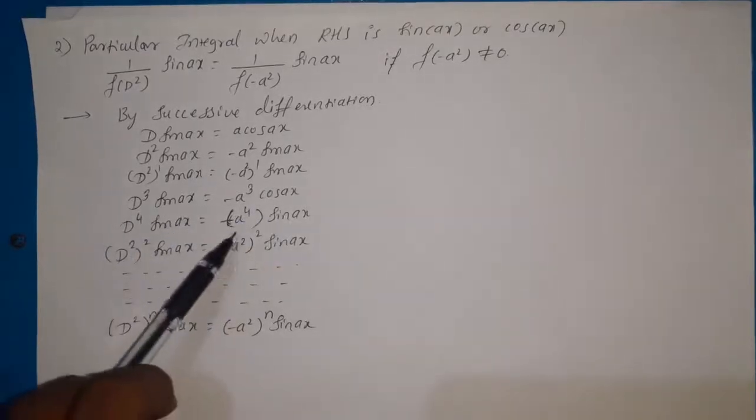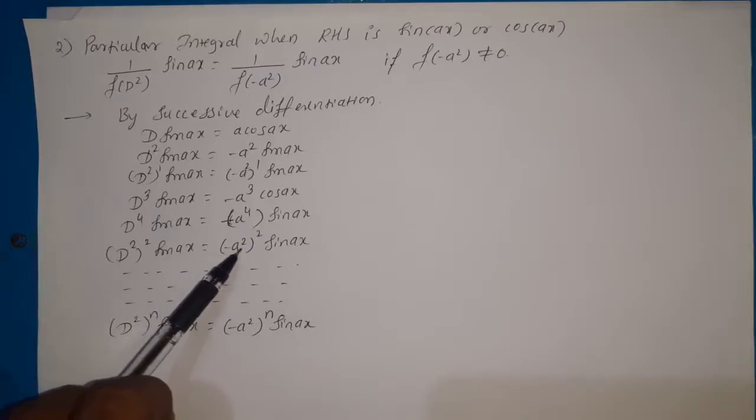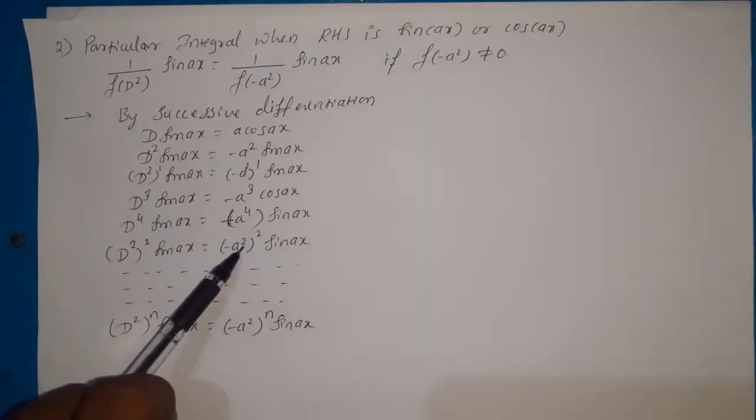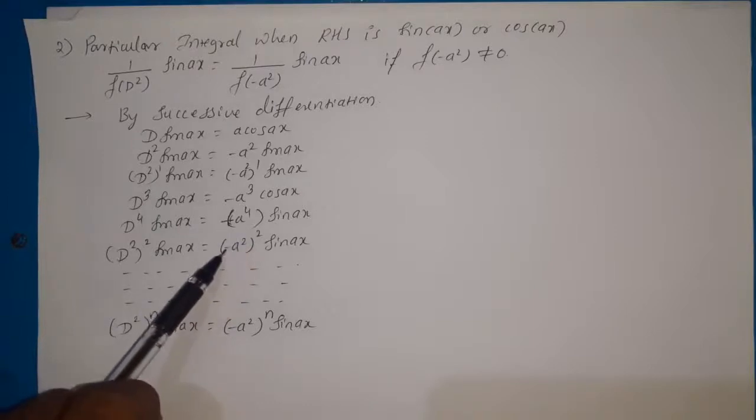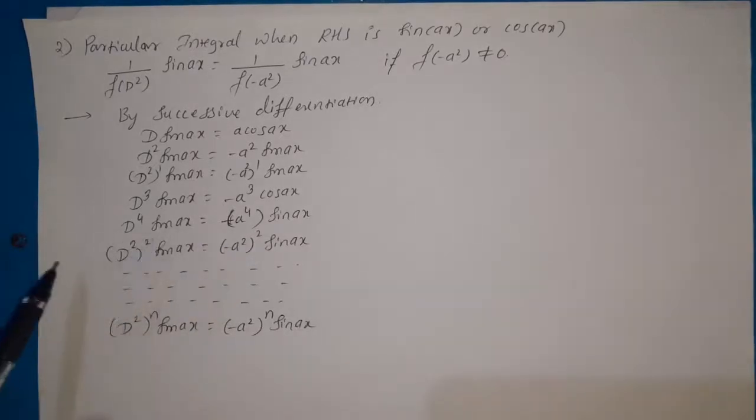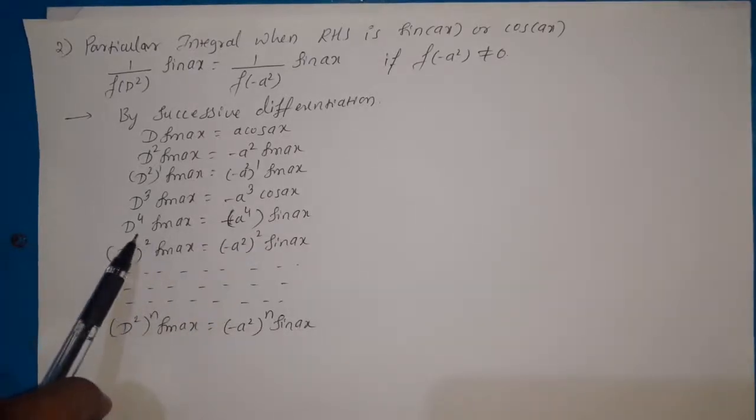So again differentiating, that gives D4 sin ax equal to a power 4 sin ax. That a power 4 can be written as minus a square whole square, because minus a square whole square is minus 1 square into a square whole square, that is plus 1 into a power 4. And D power 4 can be written as D square whole square sin ax.